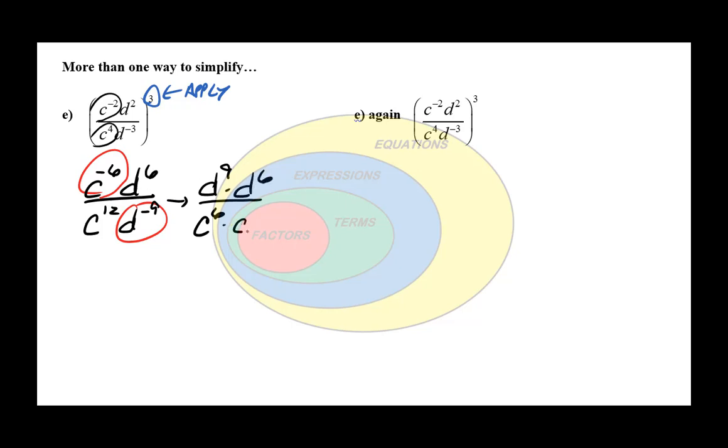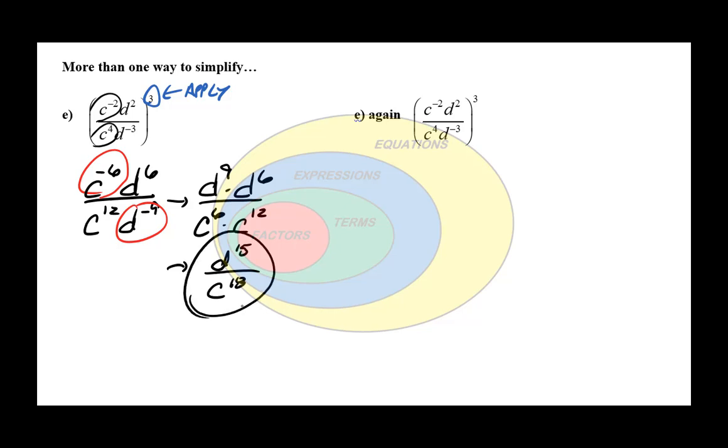And then c to the 12th would stay in the denominator because it's positive. So it looked like we might have some canceling, but in this case, it's just combining the factors. D to the 9th and d to the 6th would be d to the 15th over, and then 6 and 12 is 18, so this would be c to the 18th.